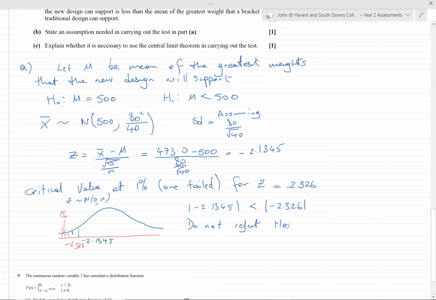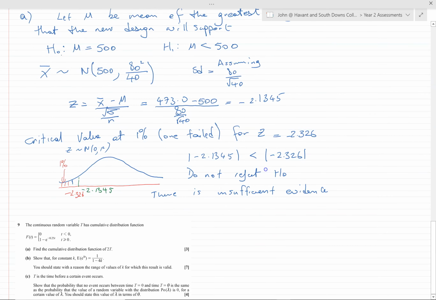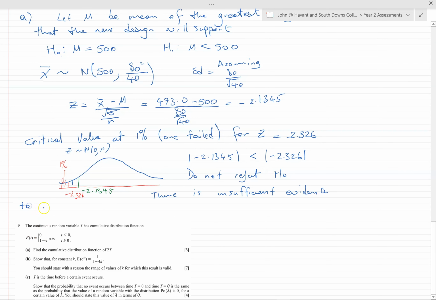There is insufficient evidence to suggest the mean weight of the new design is less than the traditional one.